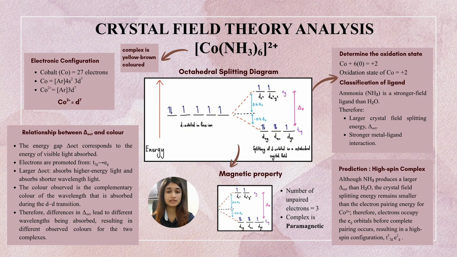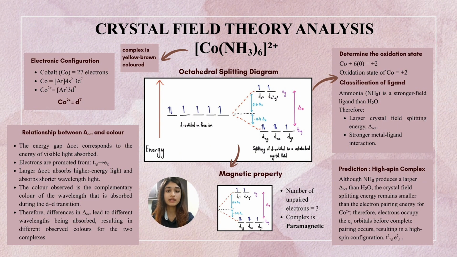According to the spectrochemical series, ammonia is a stronger field ligand than water and therefore produces a larger crystal field splitting energy. In an octahedral complex, the 5 degenerate d orbitals split into 2 sets of orbitals, which are the lower energy t2g orbitals and the higher energy eg orbitals. However, even though the crystal field splitting energy is larger, it is still smaller than the electron pairing energy for the cobalt 2+ ion.